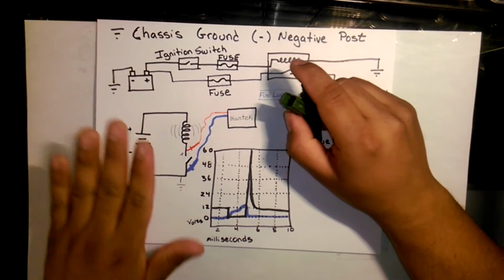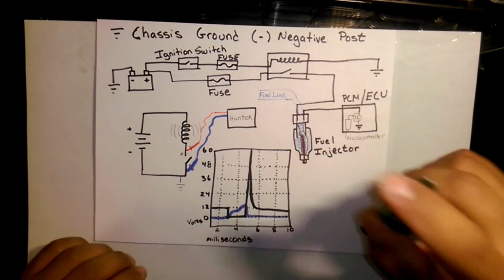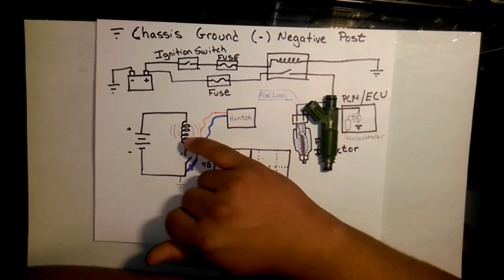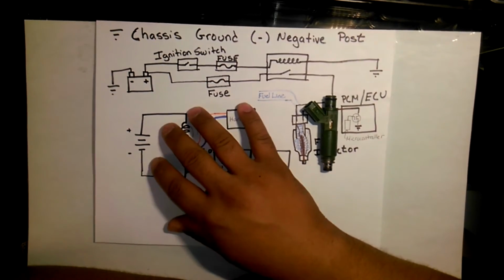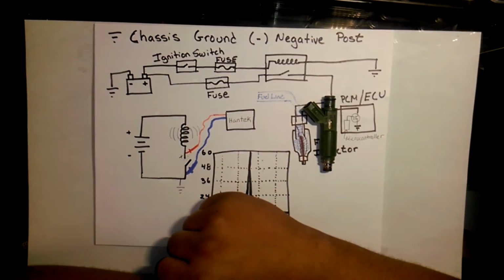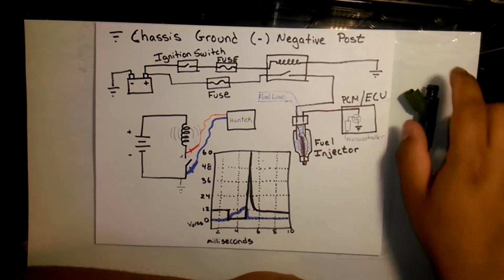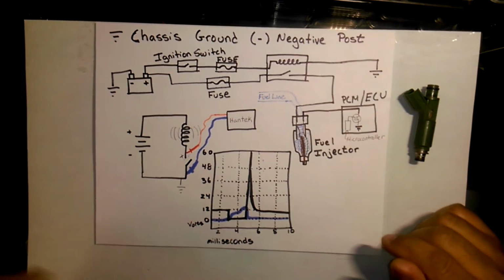Here I have, I guess you'd call it, an oversimplified diagram of what's happening with the fuel injector. If we imagine this symbol here as a symbol for an inductor, or you can imagine it as a fuel injector, we can start to understand the fuel injector waveform.